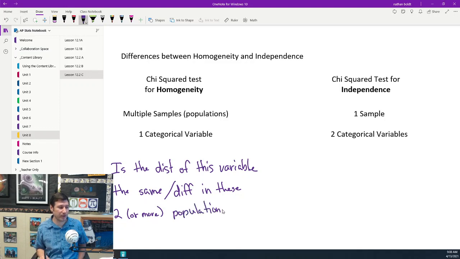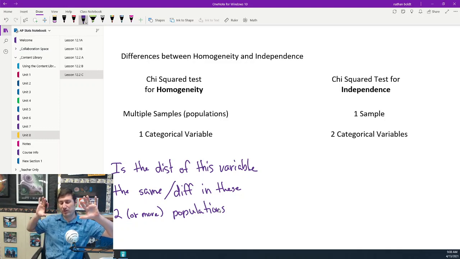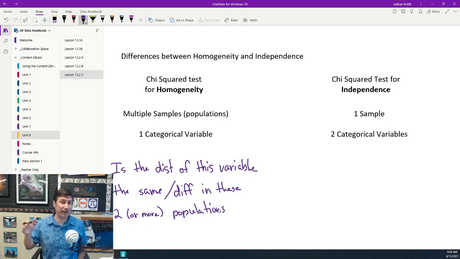Now that's nice when it's really obvious, like you look at the US as a population, and compare that to Australia or the United Kingdom or something, I think was our example last time. Geography helps, but it doesn't have to be separated by geography to have different populations. But is there a difference in these populations?